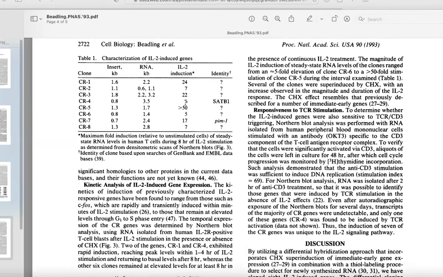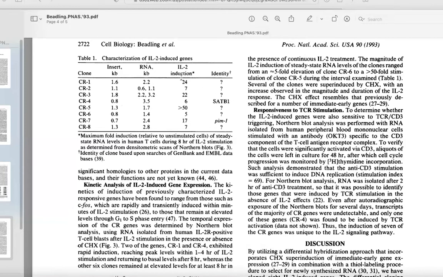This one, number 4, is called SATB1, which is a DNA binding protein, and CR7 coded for a gene called PIM1. PIM1 is a serine threonine kinase. So that was good because we had 6 new genes that had never been described before.